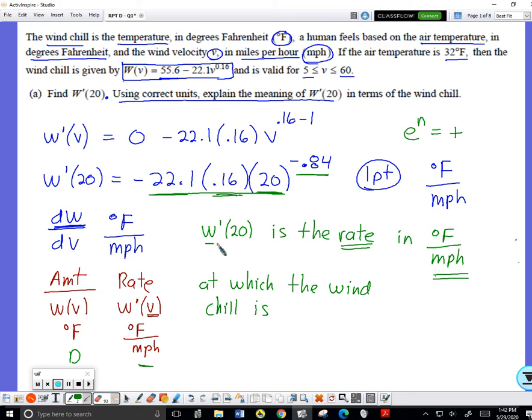So W prime of 20 is the rate in these units at which the wind chill is, got to have the word decreasing, at V equal 20, and then you have to have the units for that. And all of that would get you one more point.